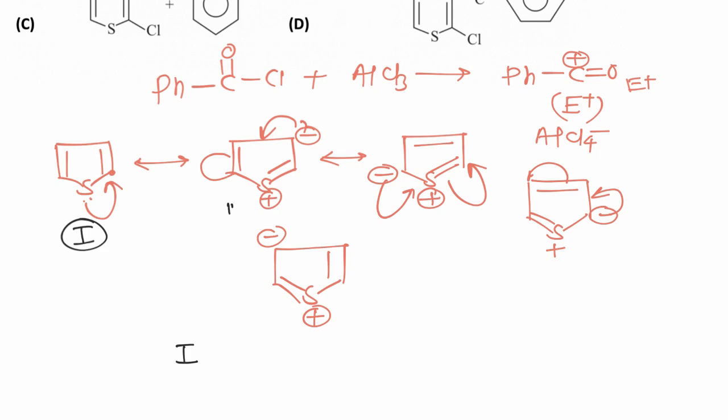Now out of 2, 3, 4 and 5, resonating structures 3 and 4 are equally stable, and 3 and 4 are comparatively more stable than 2 and 5, because 2 and 5 have maximum distance between opposite charges, but in 3 and 4 the negative charge is present at an adjacent position.